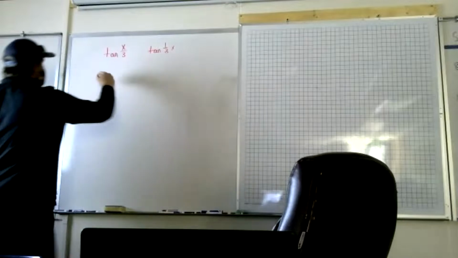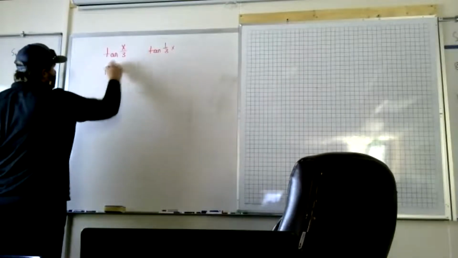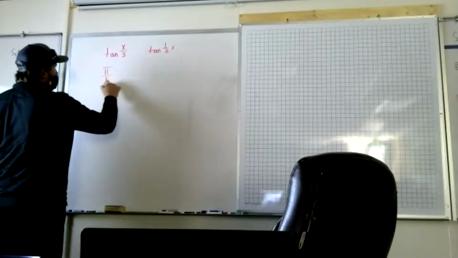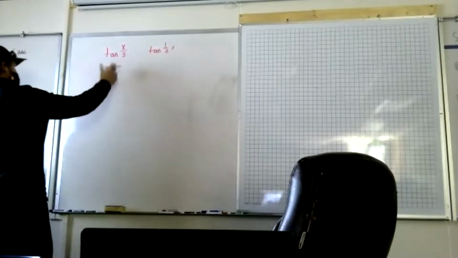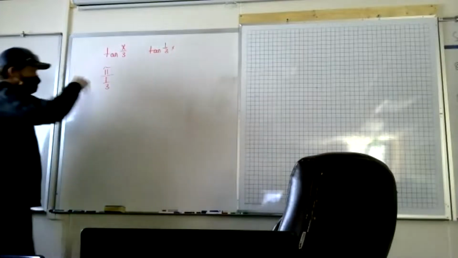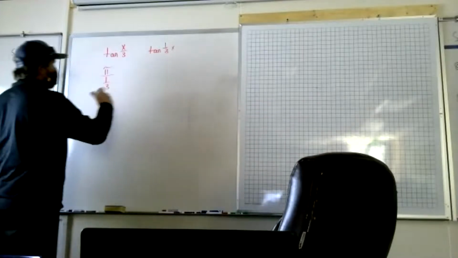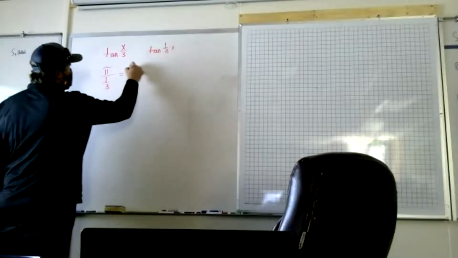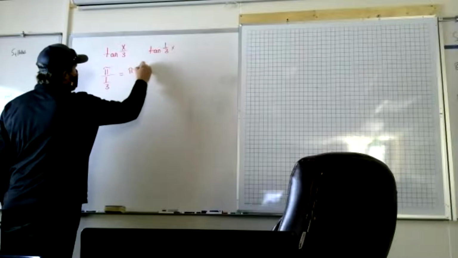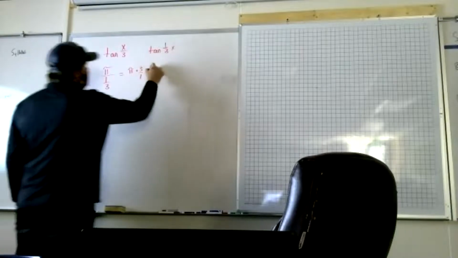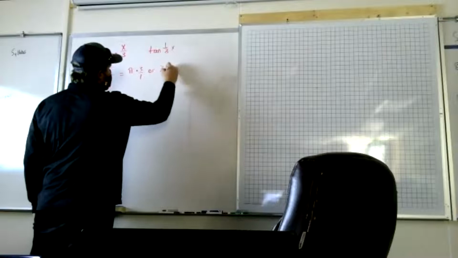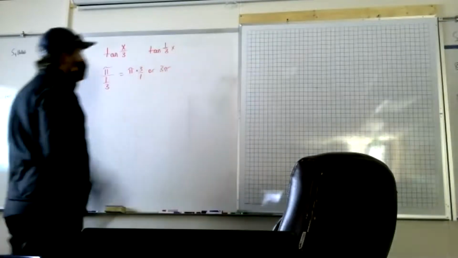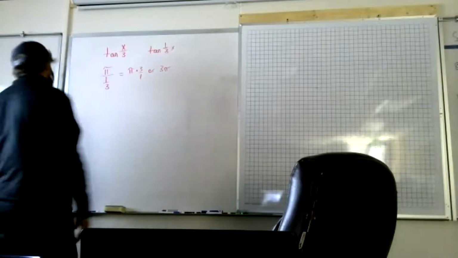So to find our period, we're going to take pi divided by 1/3. Okay, anytime you have to divide by a fraction, remember you flip to the reciprocal and multiply. So this is equivalent to pi times 3/1 or 3 pi. Okay, that's the distance between our asymptotes and our intercepts.